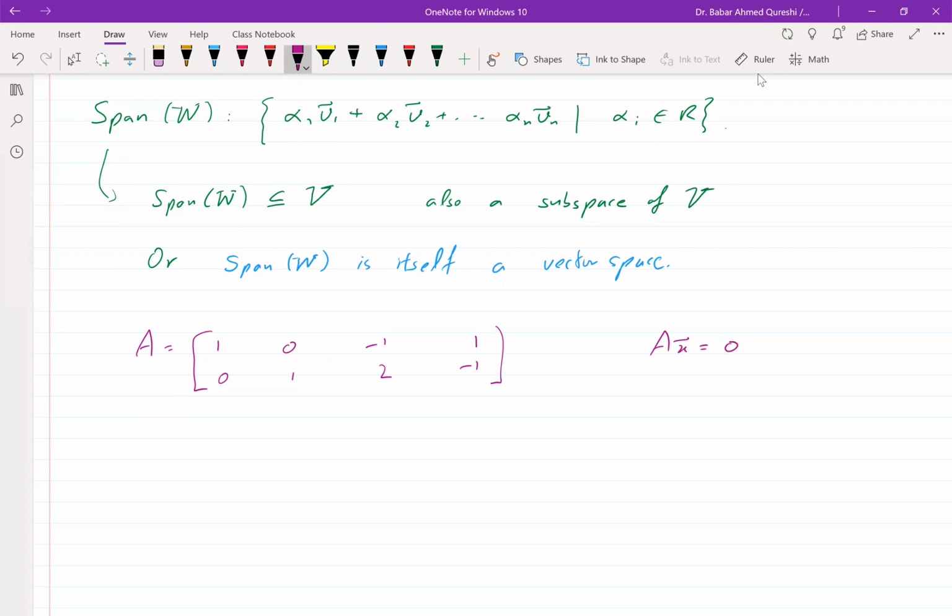And we found that the null space of A is spanned by vectors of this form.